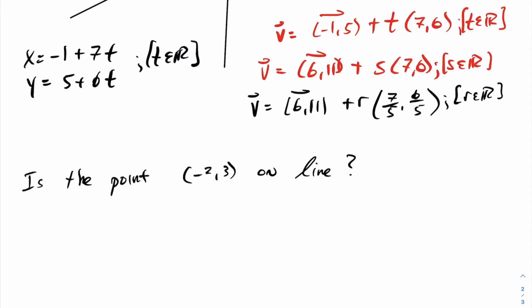Another common question asked regarding this problem is whether a certain point is on the line. So is a certain vector part of the vector equation?